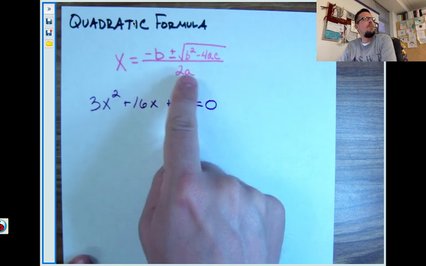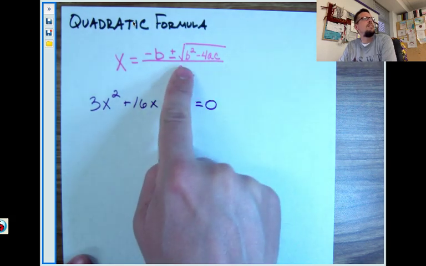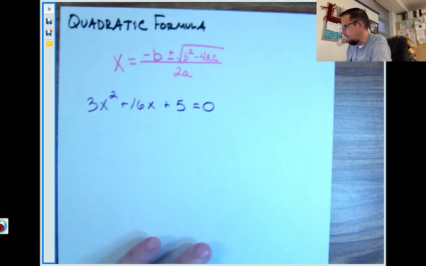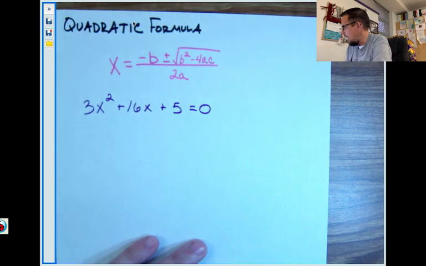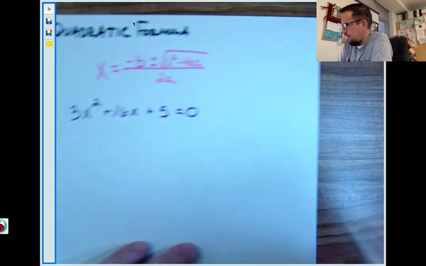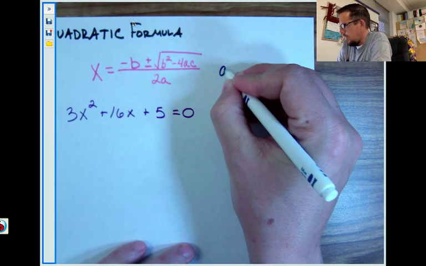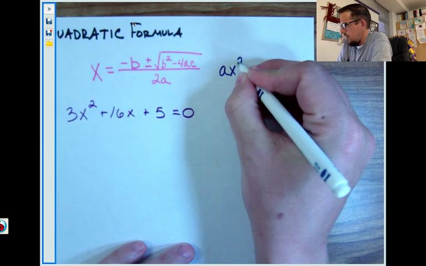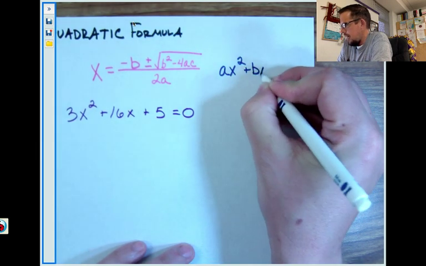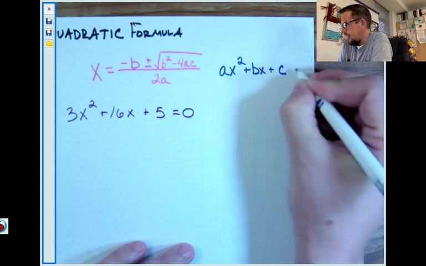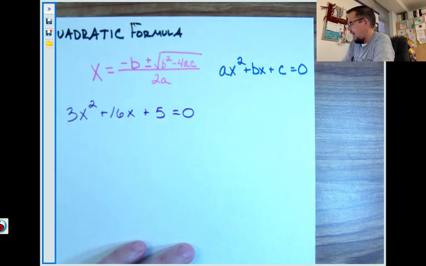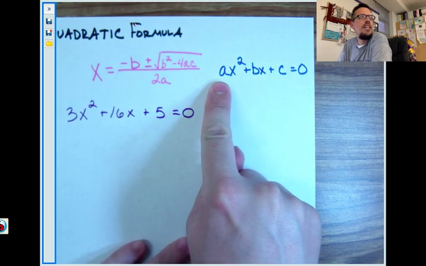So the quadratic formula, you can see all the variables are a's, b's, and c's. Where do all those come from? Well, they come from this form of the quadratic: ax squared plus bx plus c. The a is the number in front of the x squared.